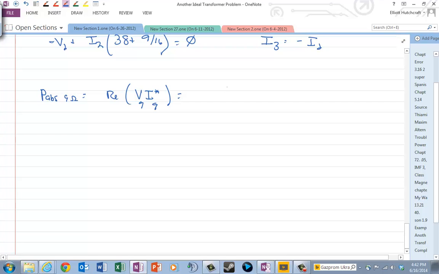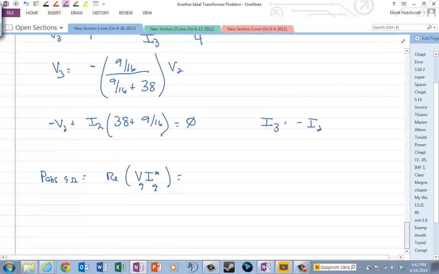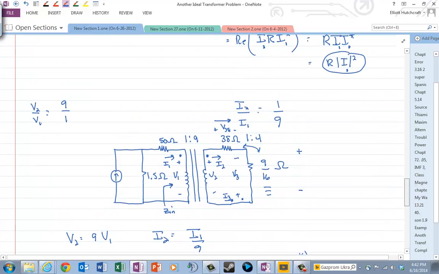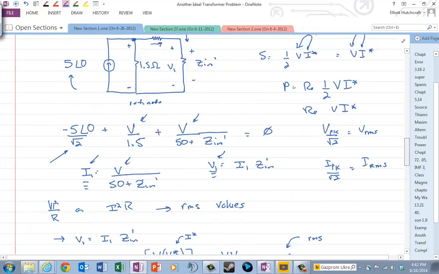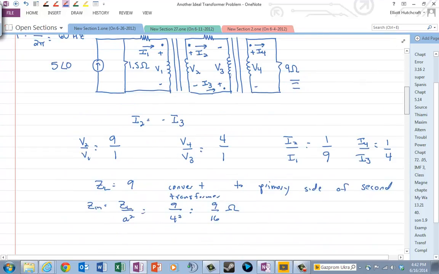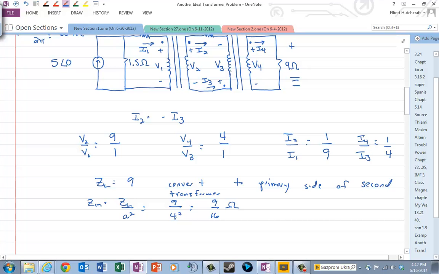Okay, the voltage across that is V4. I believe we have it up here. Yep. So the voltage from here to here is just V4.